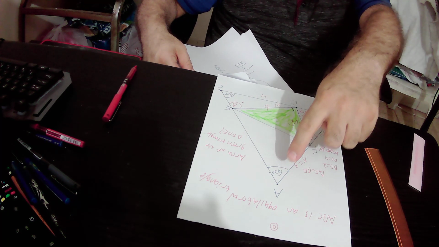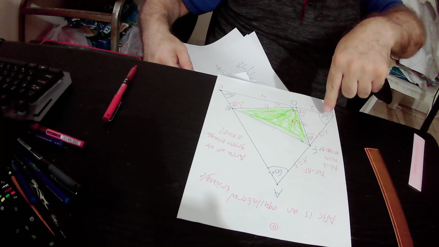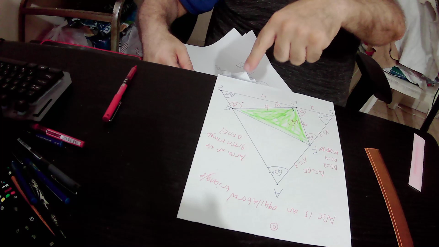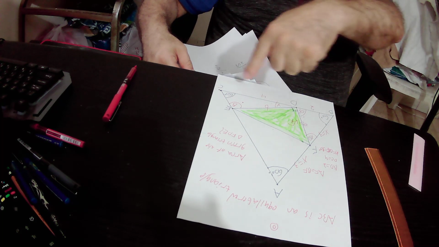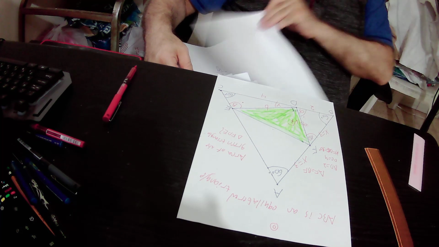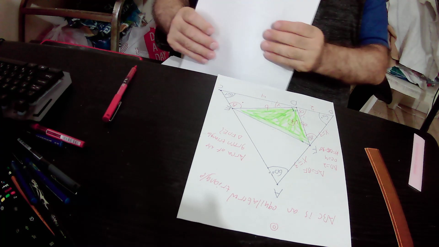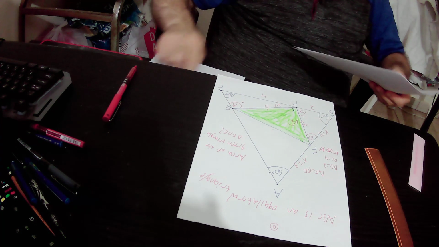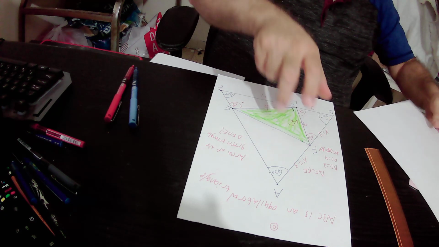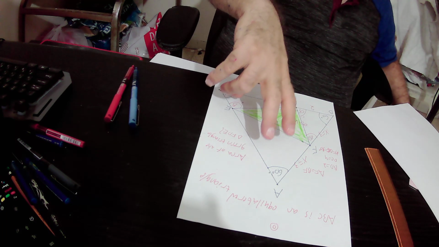So this angle is 60 degrees. Angle ABC is 60 degrees, and angle BCA also equals 60 degrees. And we know that in any equilateral triangle, all the sides are equal to each other. That is to say, AB equals BC equals AC.